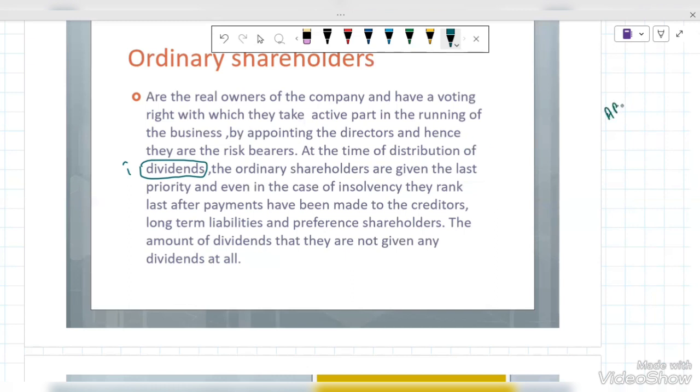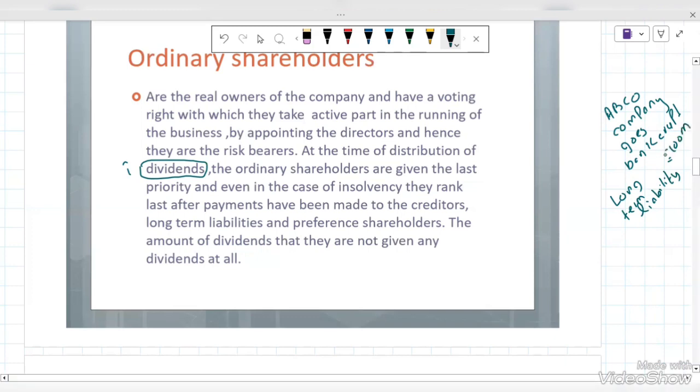Like if ABC company goes bankrupt, maybe they have some kind of liability, for example a long-term liability which is 100 million dollars. The company goes bankrupt, so it means the company has no finance to repay this 100 million loan to the bank.